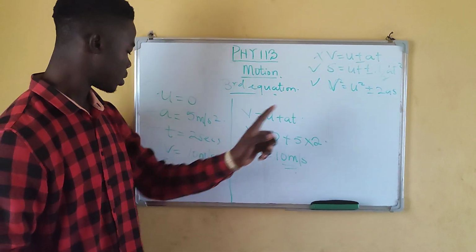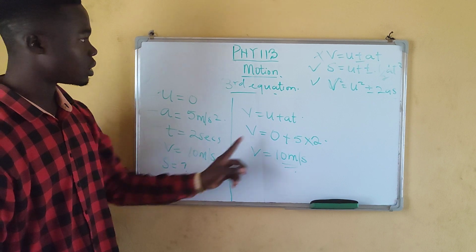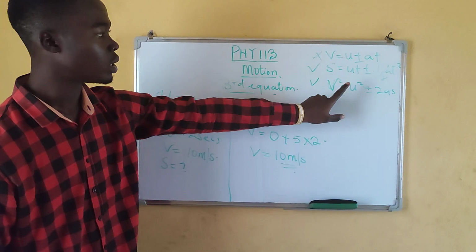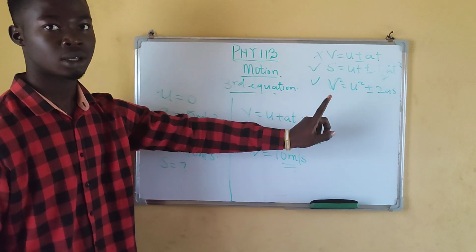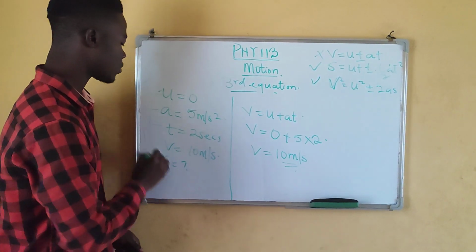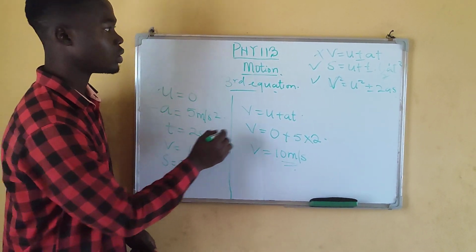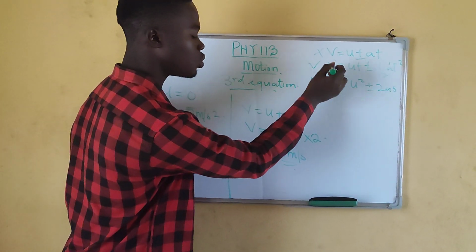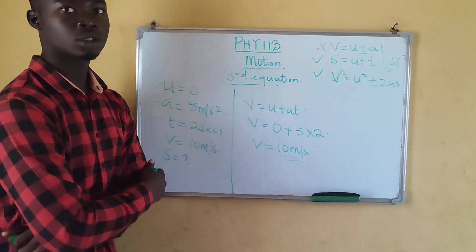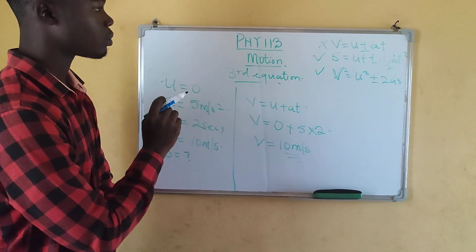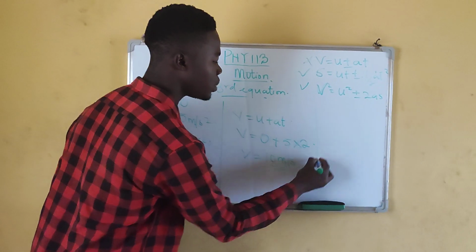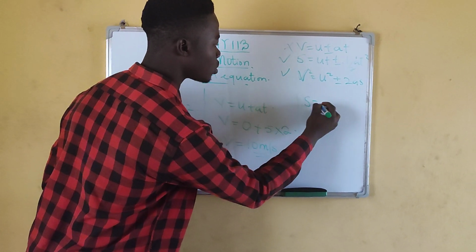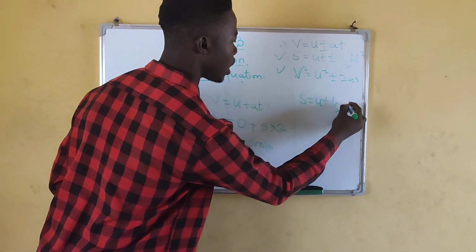No. Your velocity, is it here? No. Is it here? Yes. That means out of these parameters, you can use either one of these two to solve your distance. So if we pick the first one, which is s equals to ut plus half at squared.